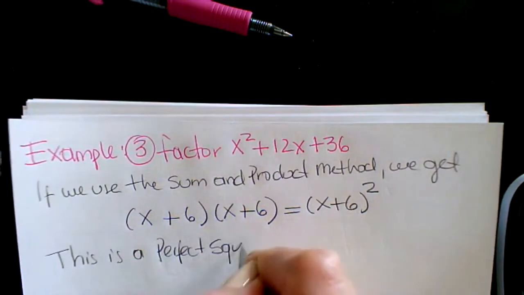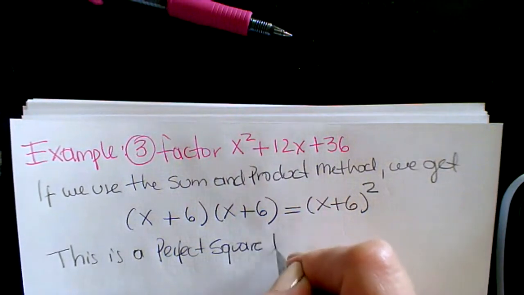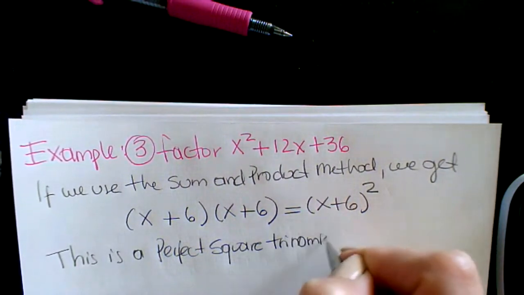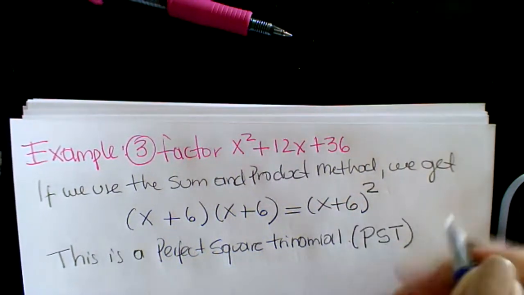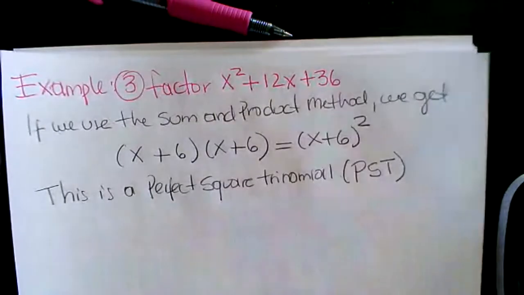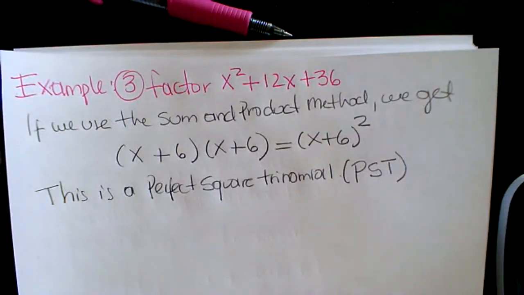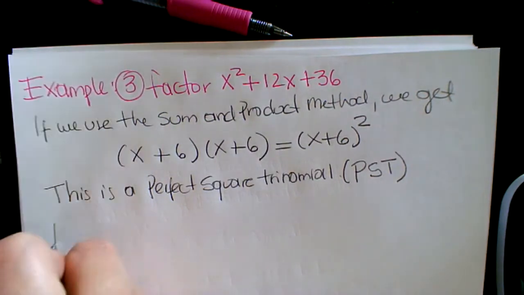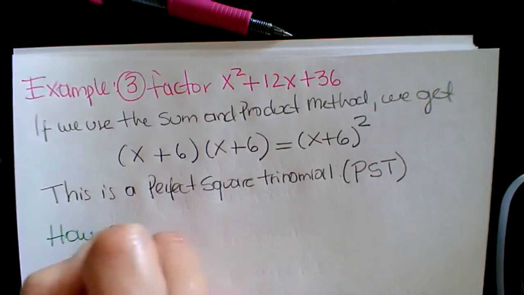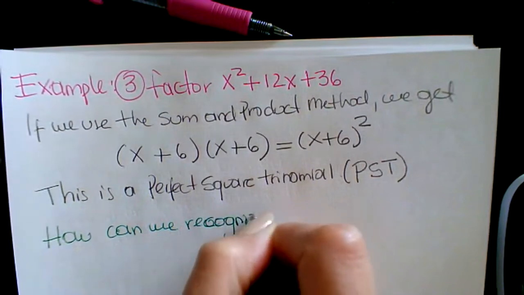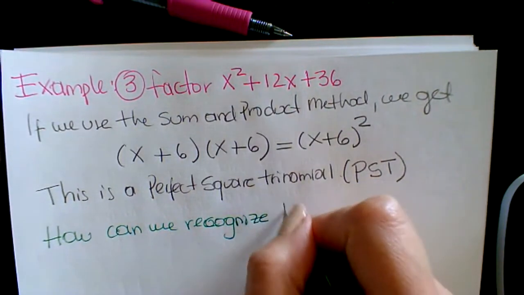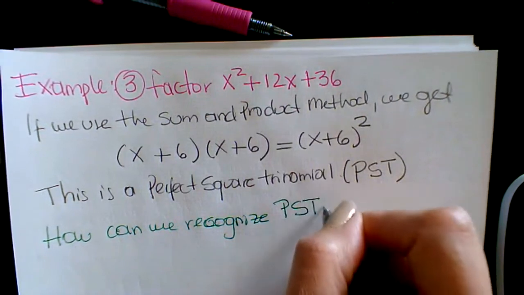Perfect square trinomial, right? So how do we recognize a perfect square trinomial? How do we do that? So how can we recognize perfect square trinomials?